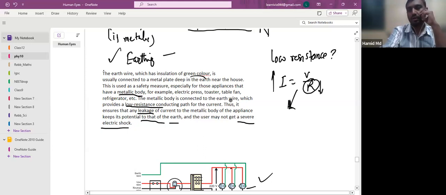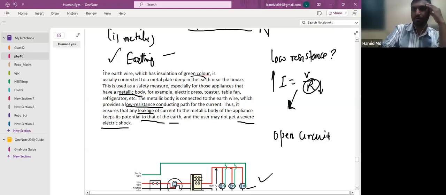So I will ask you one thing. We discussed low resistance and high resistance. What is an open circuit? When the wire is broken, the circuit is open, I mean the electricity is not passing, it's been interrupted.